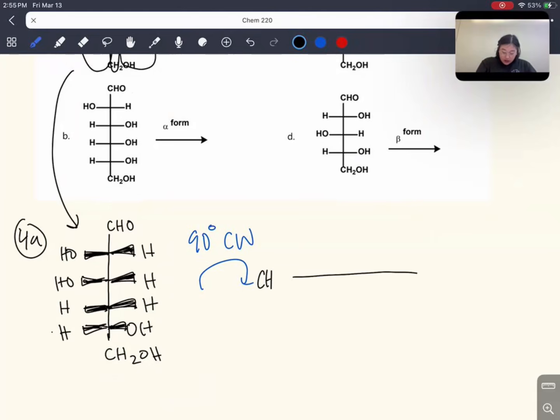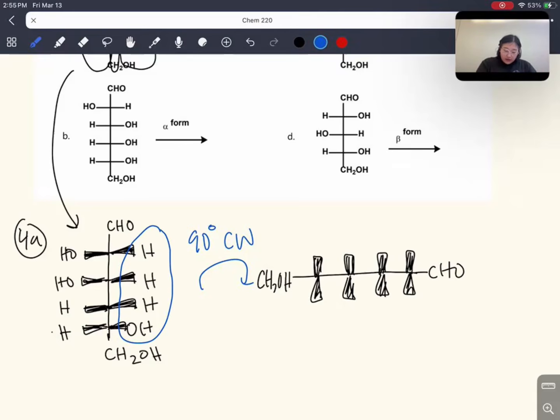And then we're still going to have our wedges in here, but you're going to imagine that you rotate your molecule. And so all of the wedges that were on the right side of the molecule are going to become on the bottom side of the molecule. So I'm going to draw that out.